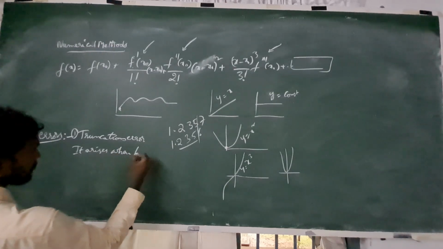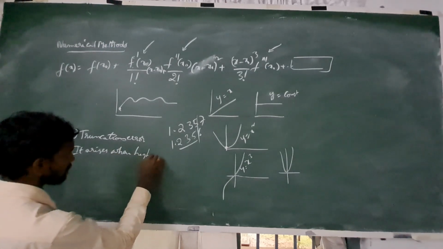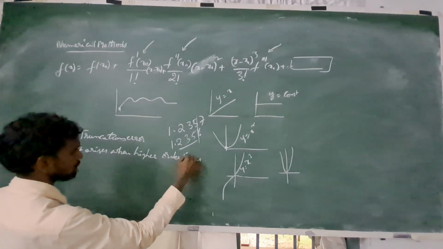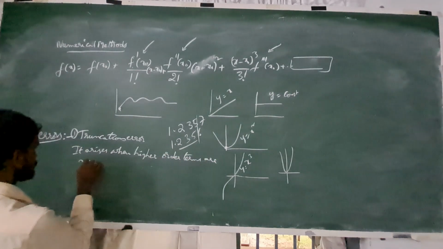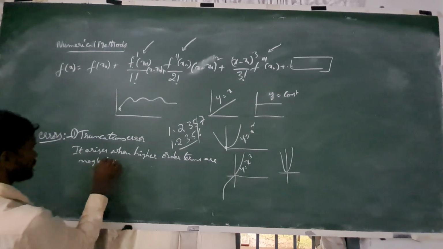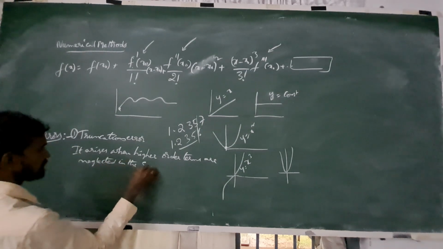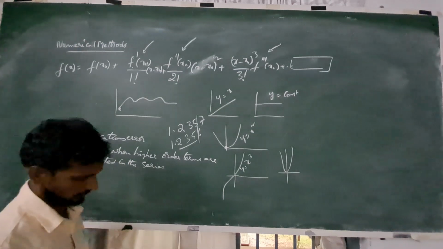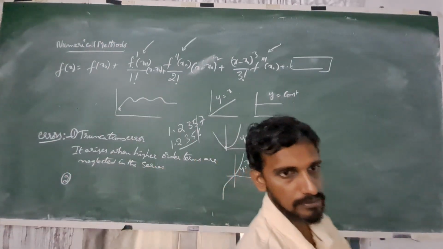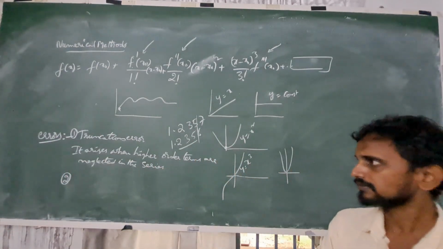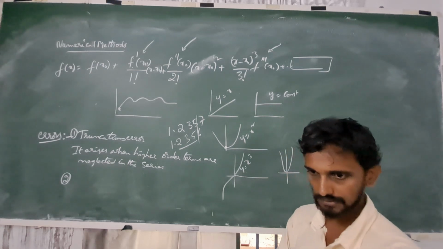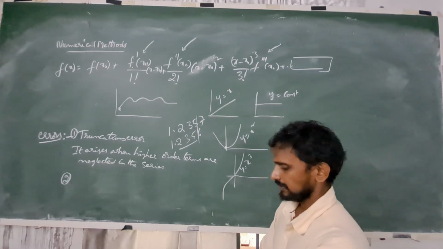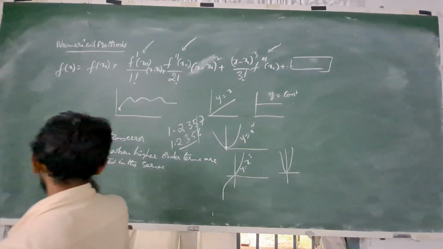When higher order terms are neglected in the series, that is a truncation error. Second one is round off error.